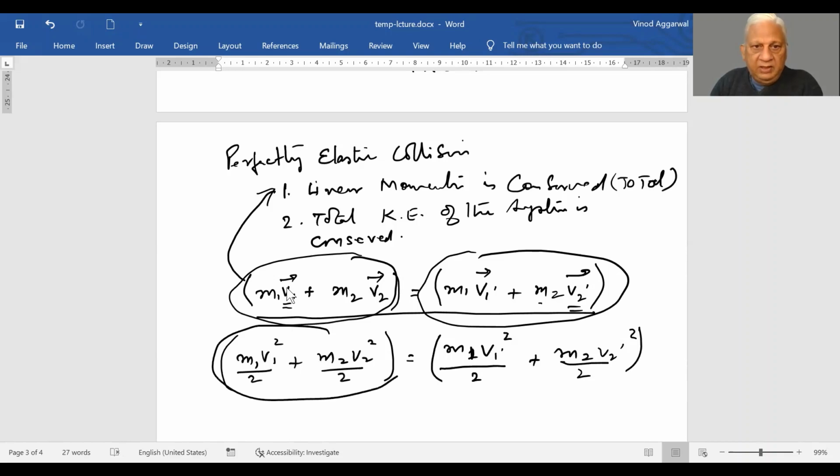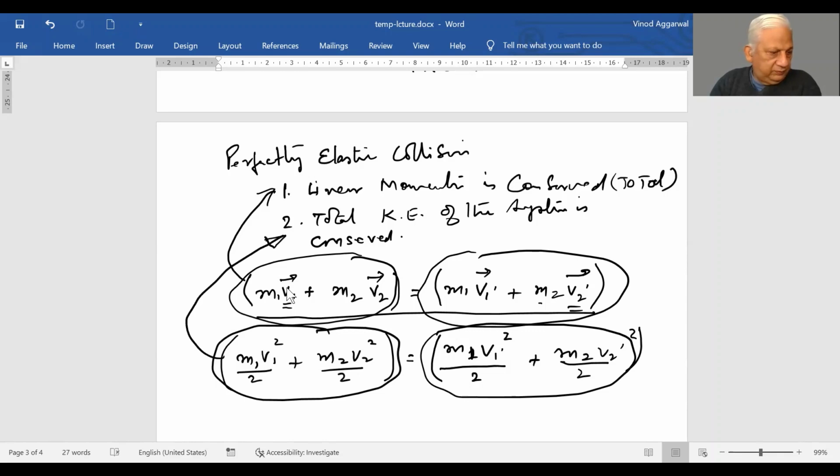This is kinetic energy before collision. This is kinetic energy after collision. So this is conserved as per the second law. Okay.